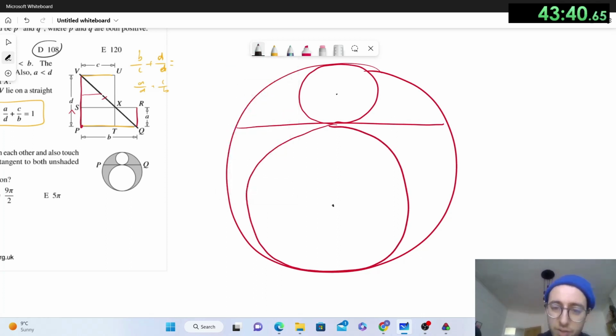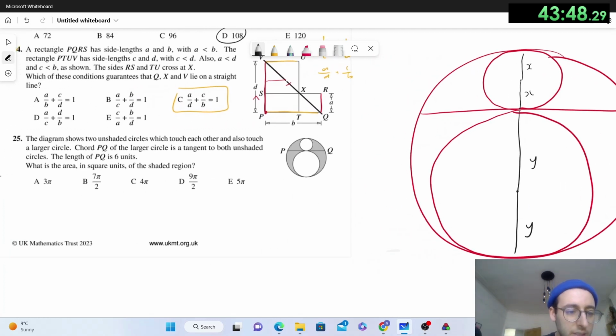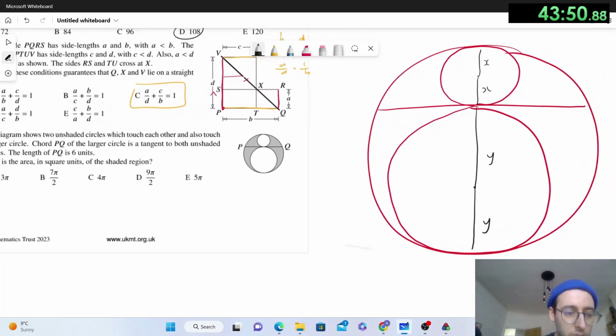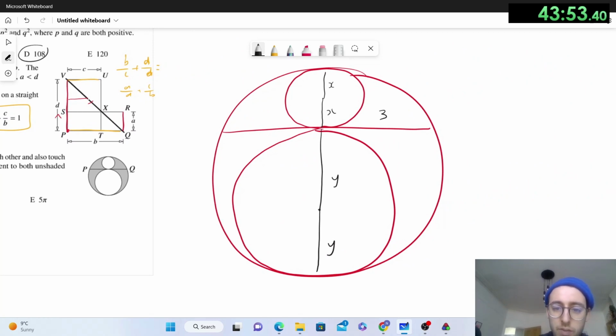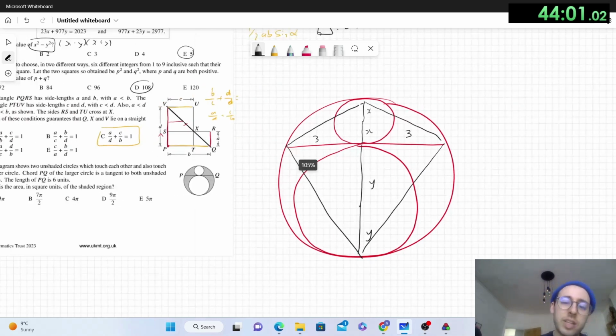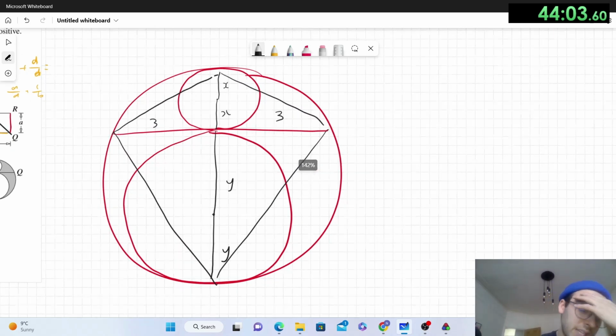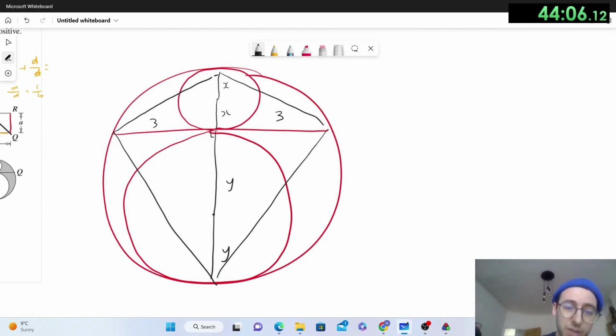Okay, so X, Y. 3, 3. There's some similar triangle stuff here as well, because these angles, I think, are the same, or like the ratio stuff is the same.